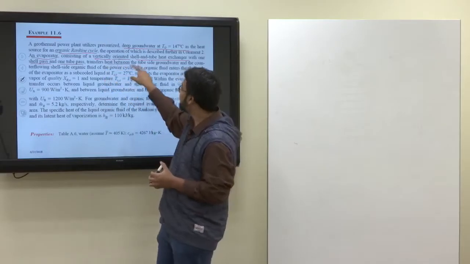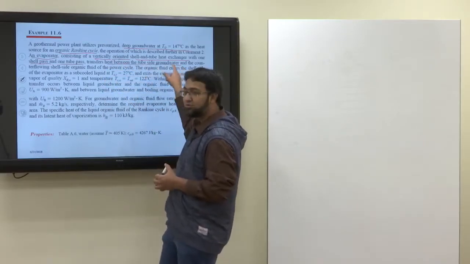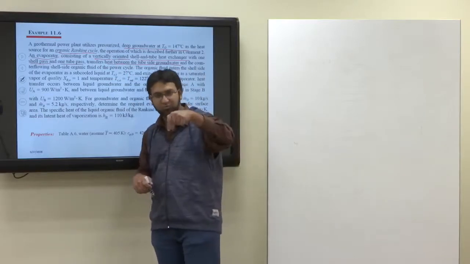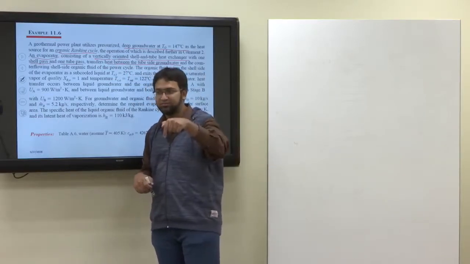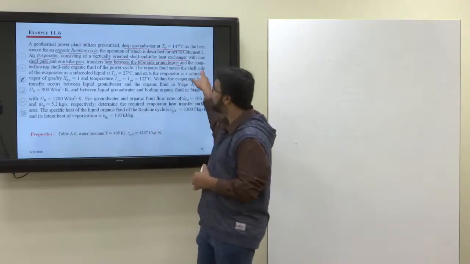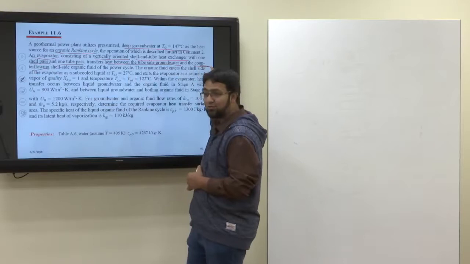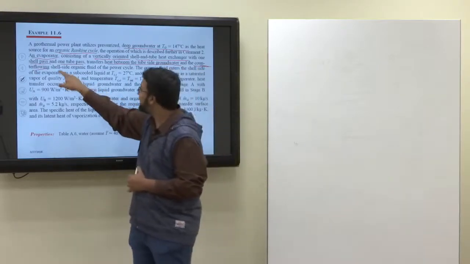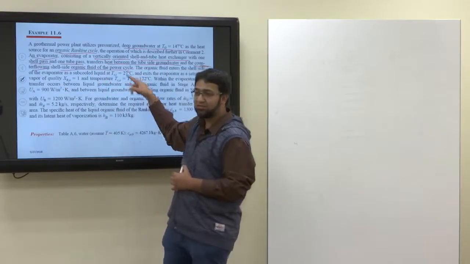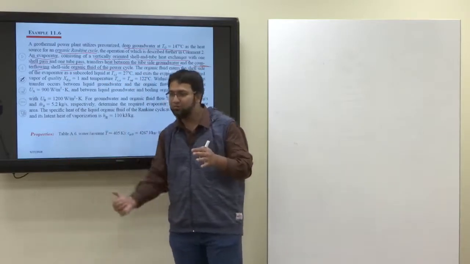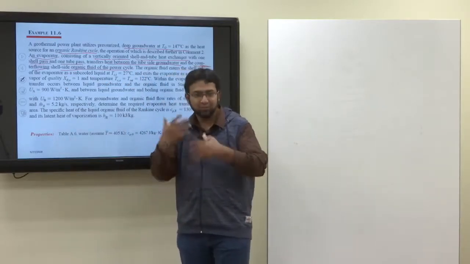It transfers heat between tube side groundwater, which is coming from the earth and is in the tube side, and, in counterflow, the shell side organic fluid of the power cycle. On the shell side, you have the organic fluid which enters and boils.